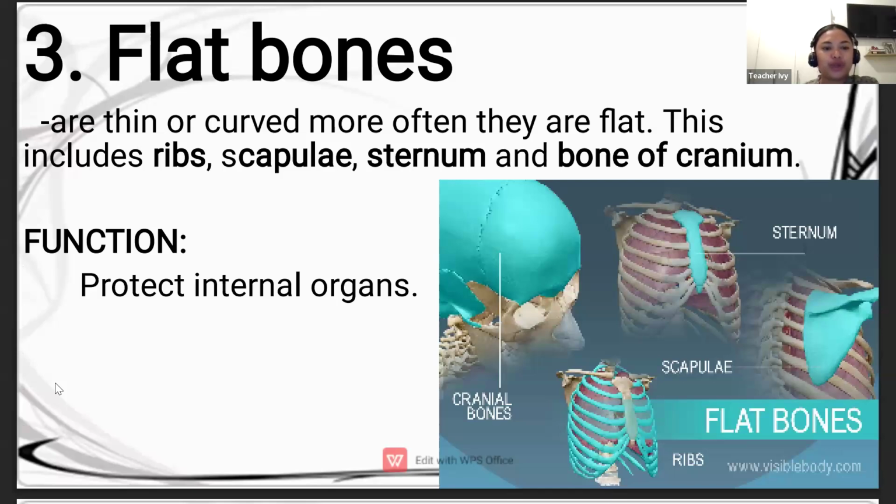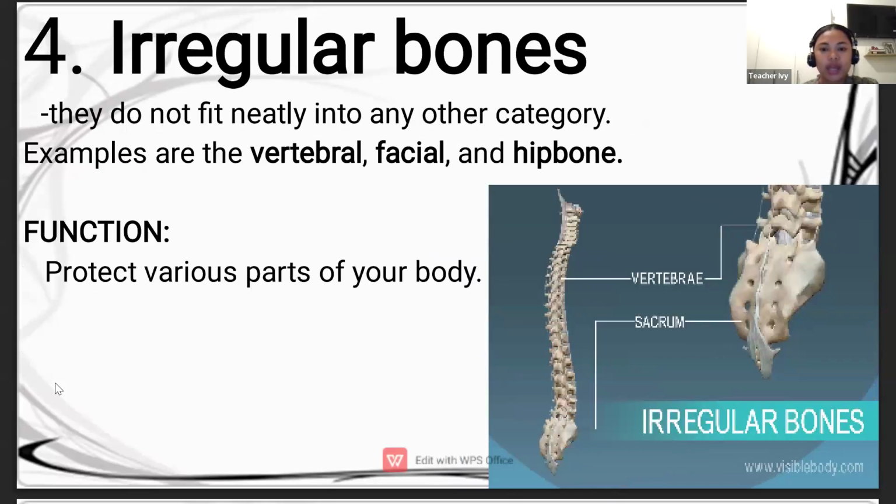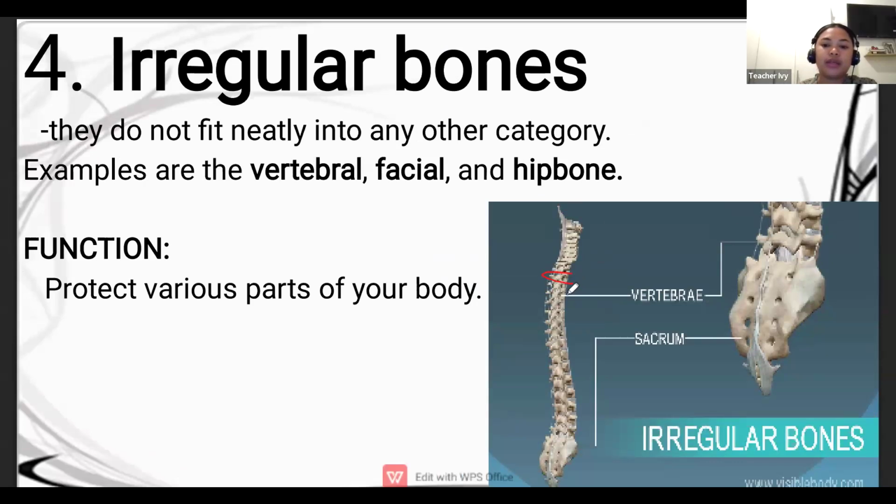Now let us proceed to the fourth one. Irregular bone. You already know this one. The irregular bone is found in the vertebrae. This one is the vertebrae, the one that is piled up, that makes up our spinal cord. That is what you call vertebrae. Now the sacrum can be found below your spinal cord, the bone in your back.